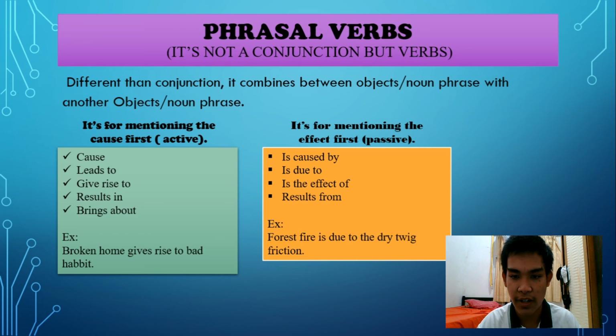The phrasal verbs are, is caused by, is due to, is the effect of, and result from. Example, forest fire is due to the dry twig friction. Forest fire is the noun phrase, is due to is the phrasal verb, and the dry twig friction is the noun phrase.